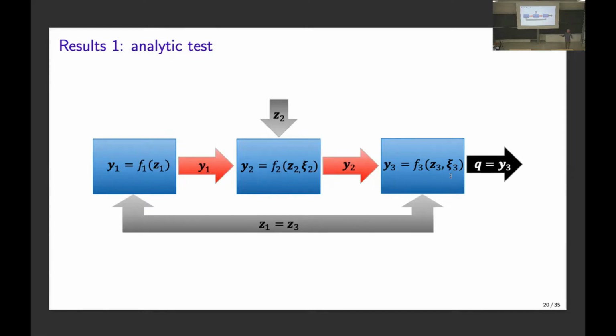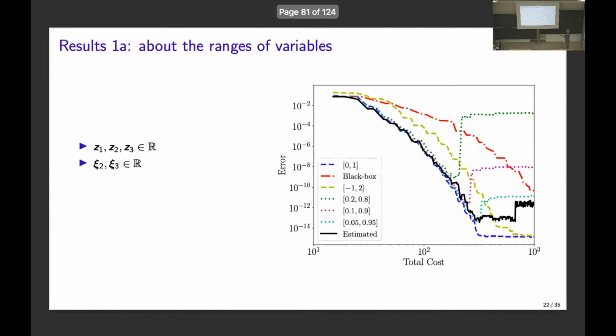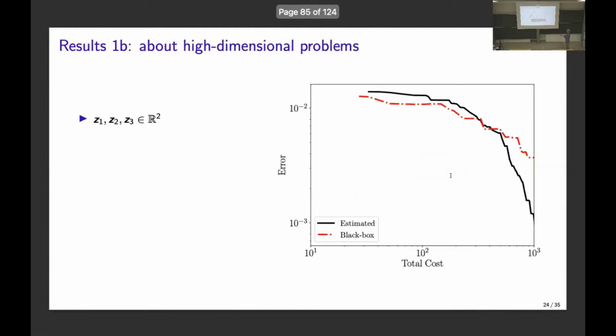So this is a higher dimensional problem, and the convergence is this. There's a first regime where doing black box is better, but sooner or later this idea of splitting things kicks in, and then eventually we're doing better. And it's not 10 to the minus 7, it's 10 to the minus 2. So this is actually convenient in practical regimes.